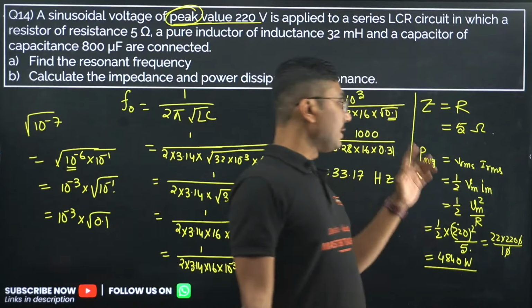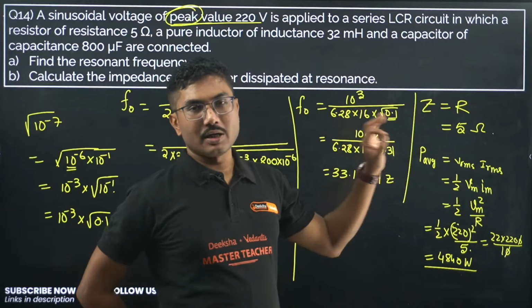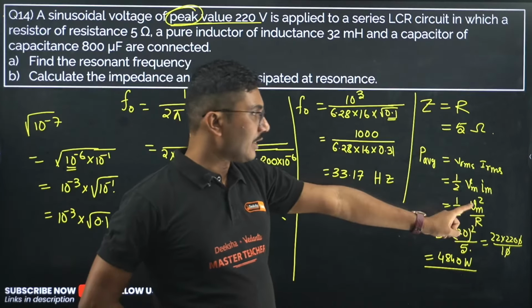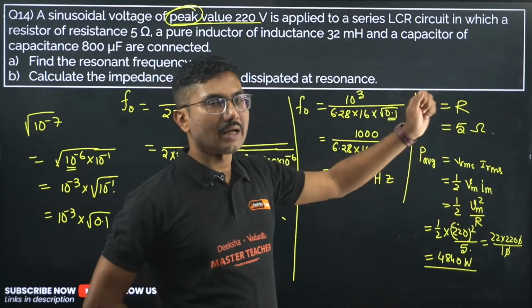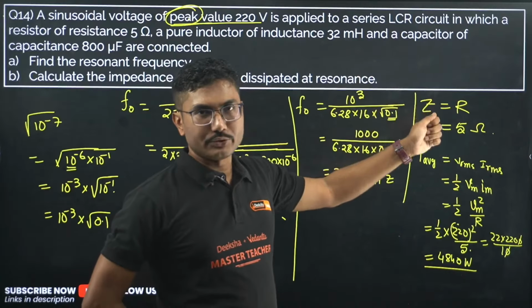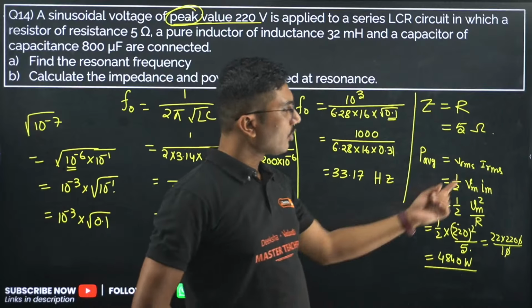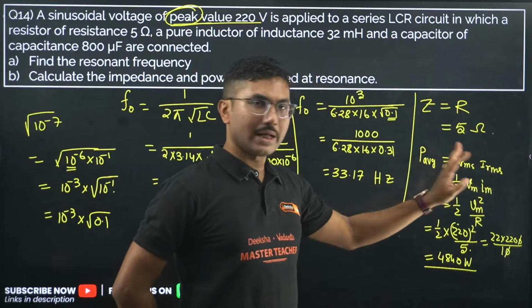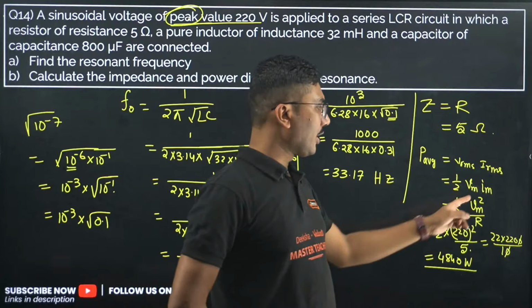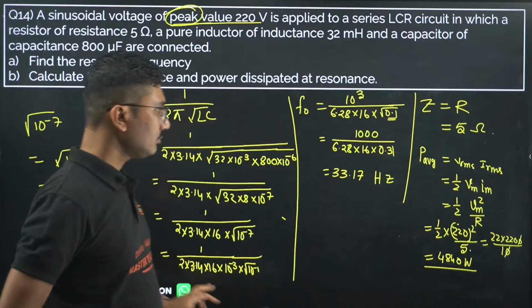Because it is the peak value, not the RMS value. So here you have to add a half. Average power in normal AC is half of peak value square divided by resistance. You can calculate the maximum current as well and use this formula, that is also fine.